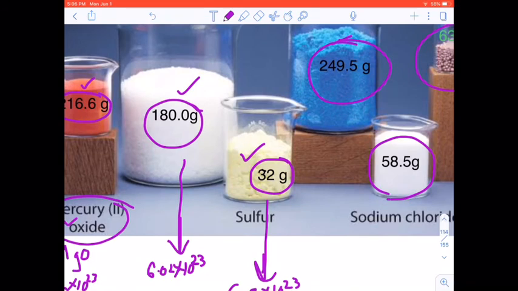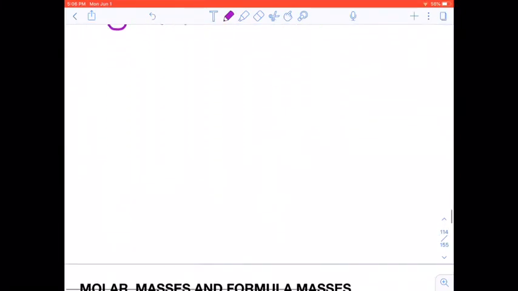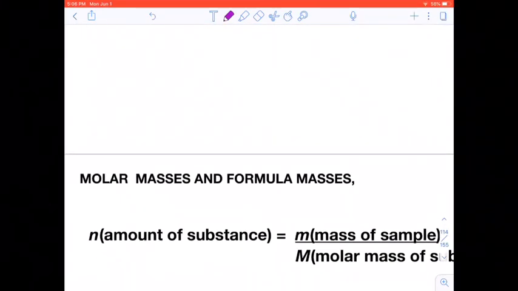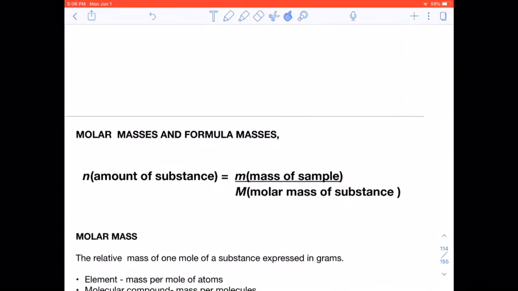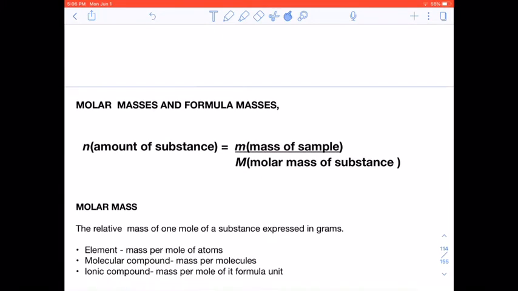All right. Now, if we look at the molar masses, let's look at that. So, molar mass and formula masses. Here we got n is equal to the amount of substance, m is the mass of the sample, and M is the molar mass of the substance, right?